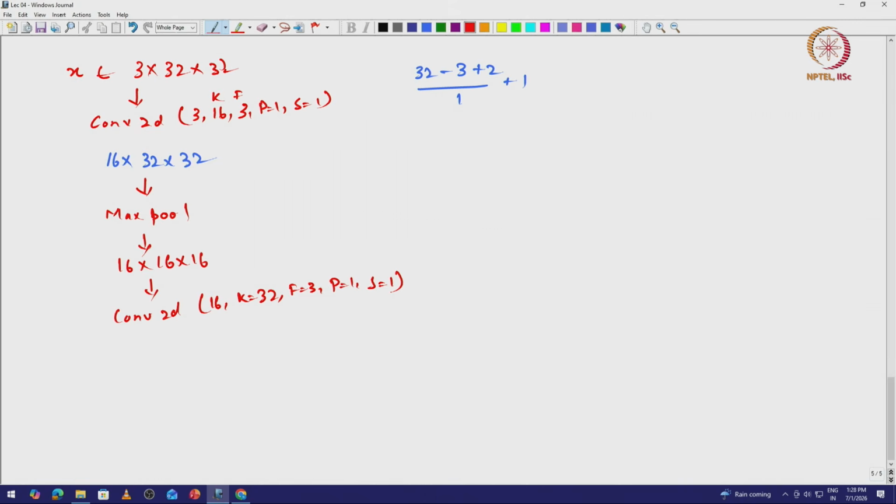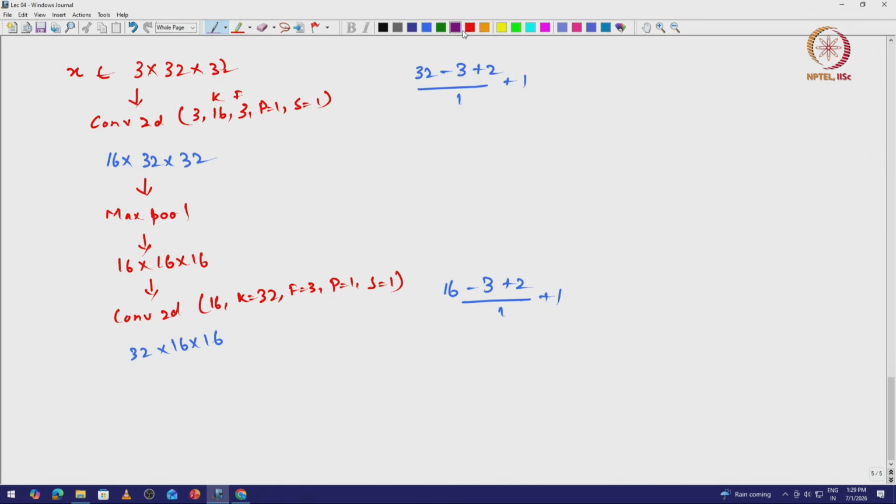So in this case, what will the output be? 32 is fixed. Now this is 16 minus 3 plus 2, divided by 1, plus 1. This comes to 16. Therefore this is 32 cross 16 cross 16.